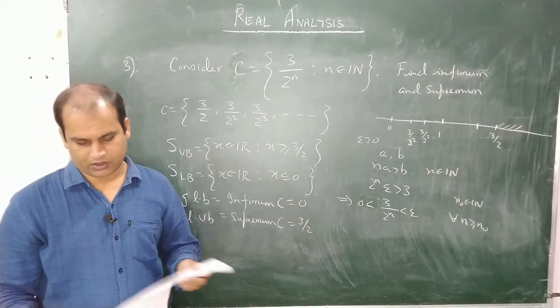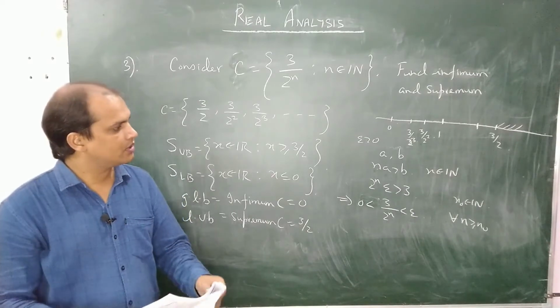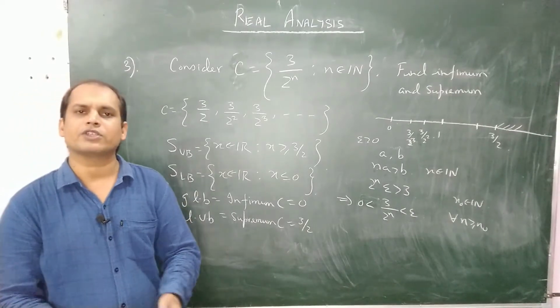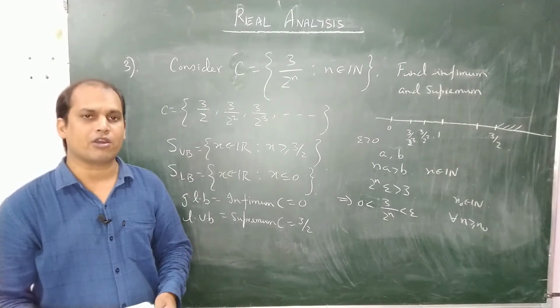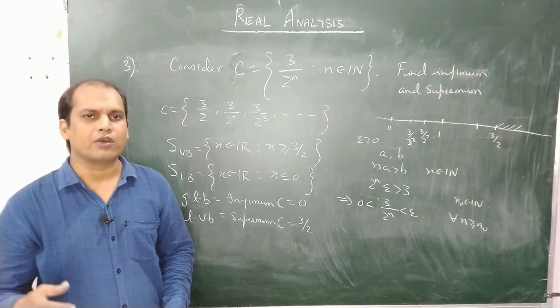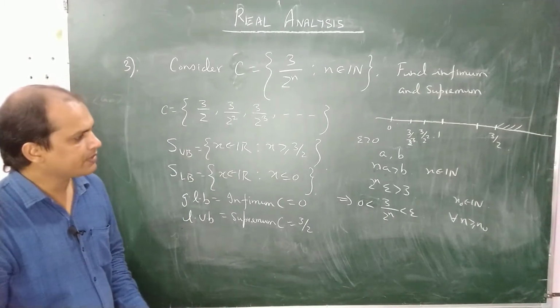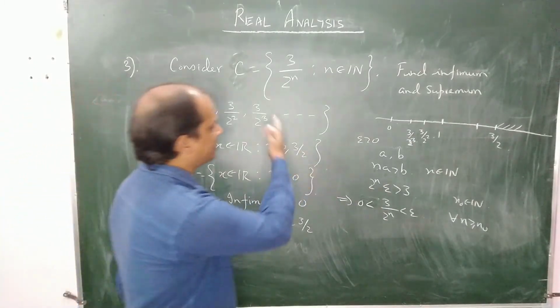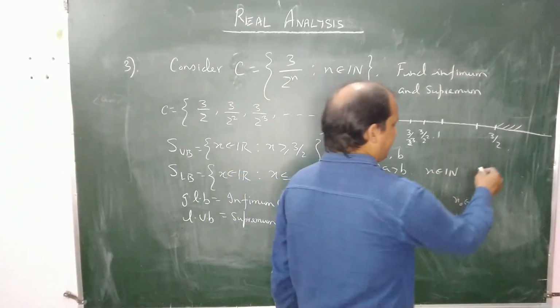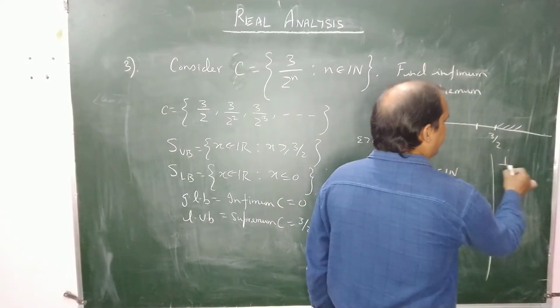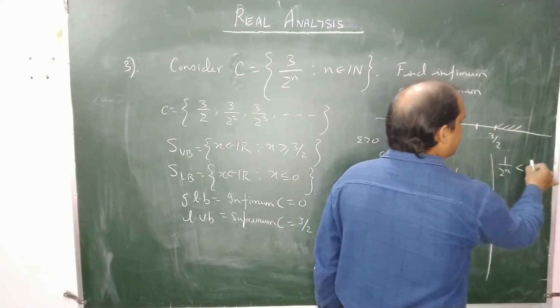So let me recall the first statement, the corollary of the Archimedean property of real numbers, which we will use at several places. Here one can also use it. Suppose any epsilon; 1 by 2 to the power n will always be less than 1 by n.